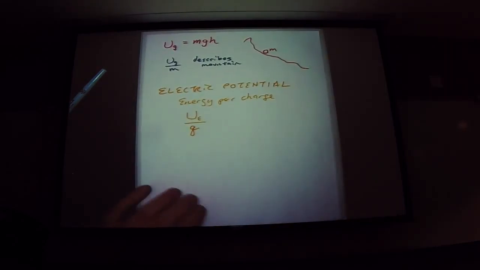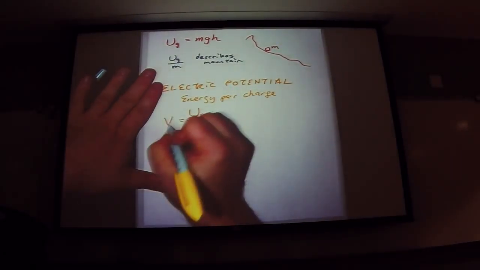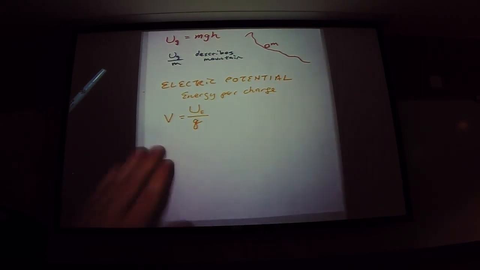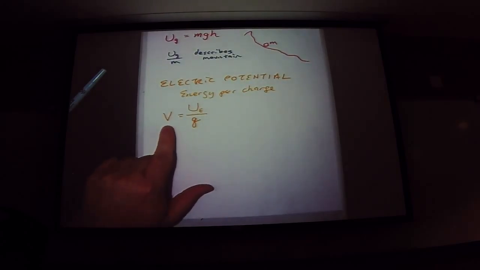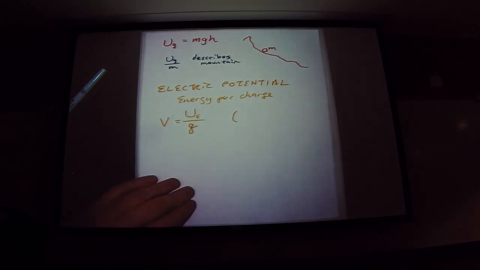So we give this quantity an actual letter. We're using the letter V to describe that quantity. The letter V is the electric potential. It has a more common name: voltage.